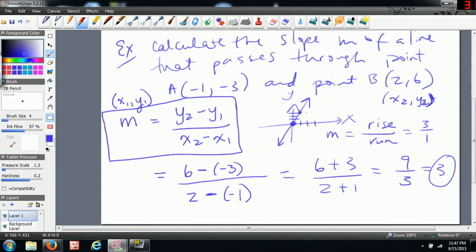Maybe not through those exact points, but actually, we could even graph this one. I'm going to go ahead and graph this just so that you can see. Let's graph this, and then we can see how this slope is actually equal to a positive.